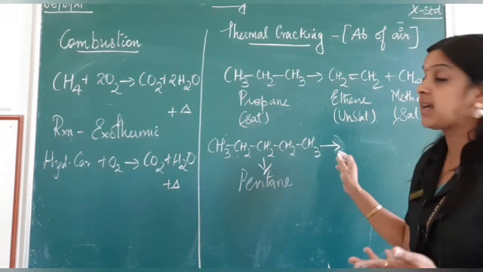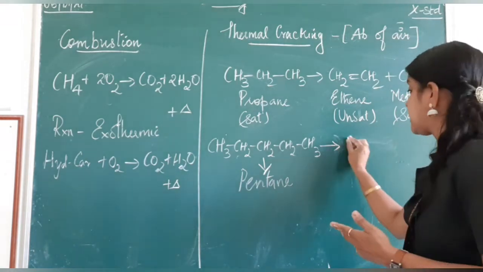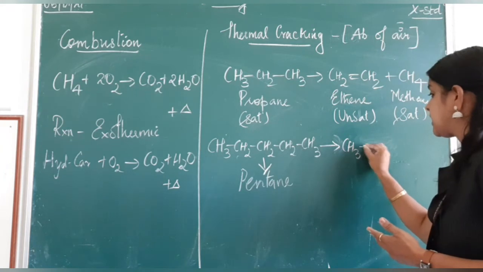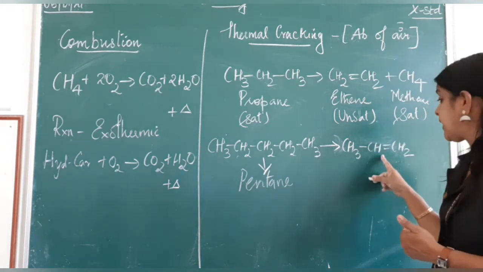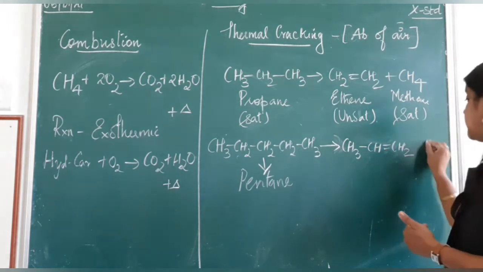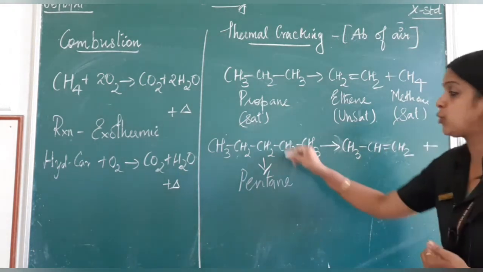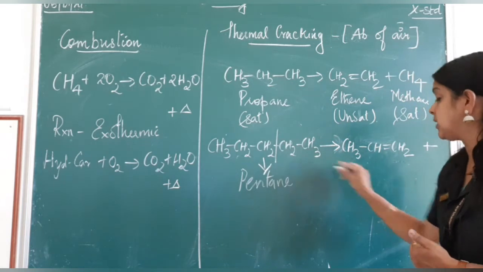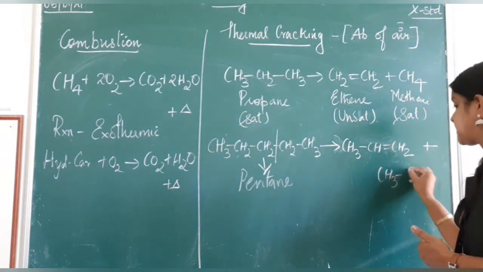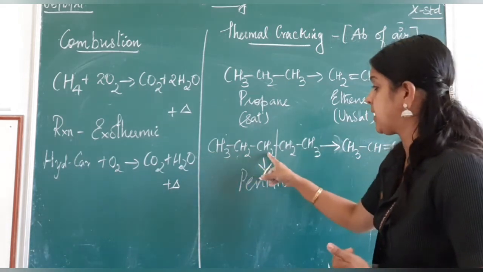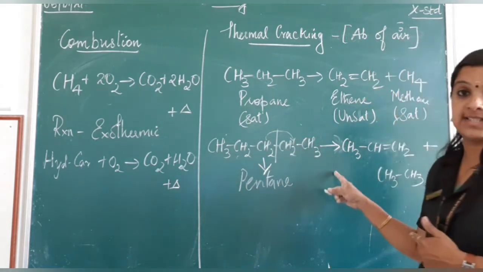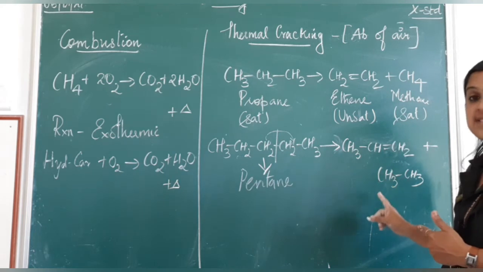A 3-membered carbon which has a double bond is CH3, CH, double bond CH2, where I can introduce a double bond here. Now I have 2 more to split into, where I can write CH3, CH3, which is saturated. That is, one hydrogen from here jumps to the other side. So I get propene plus ethane.